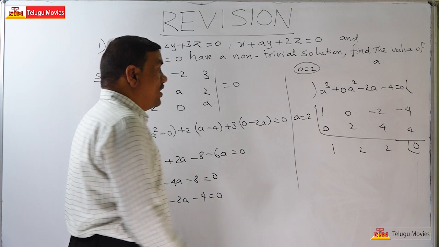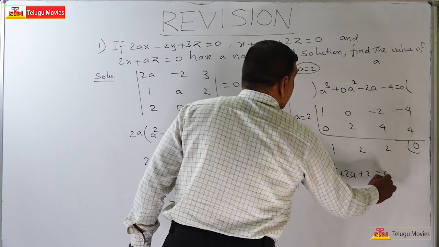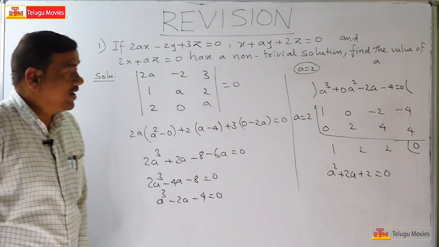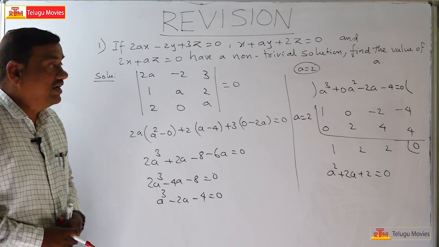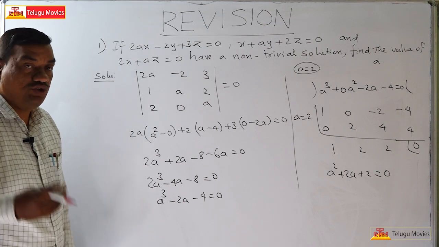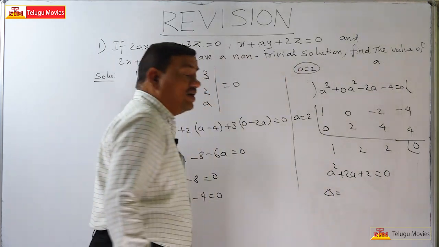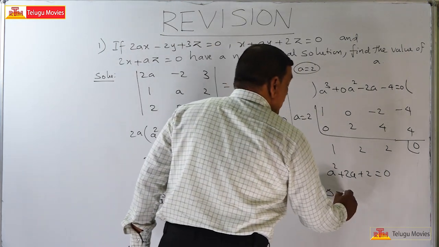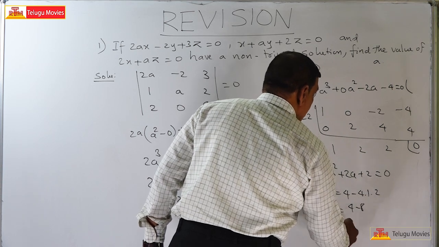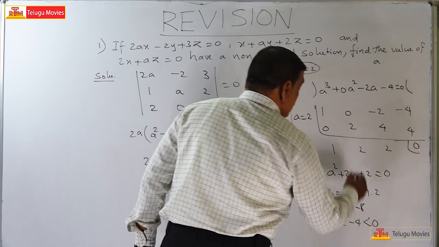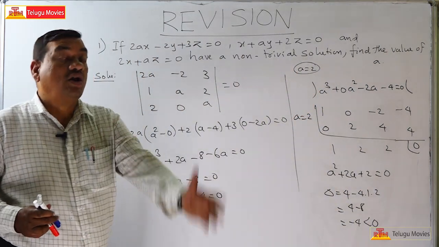Ultimately you get a square plus 2a plus 2 is equal to 0. What are the roots of this quadratic equation? The discriminant delta is equal to b square minus 4ac, which is 4 minus 8, equal to minus 4, less than 0. Therefore that equation does not have any real roots.